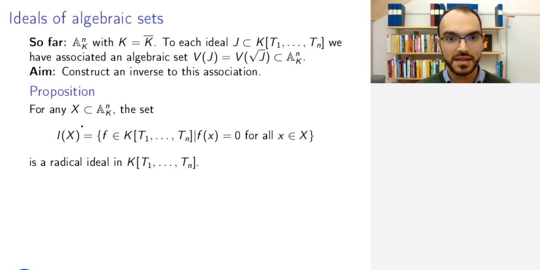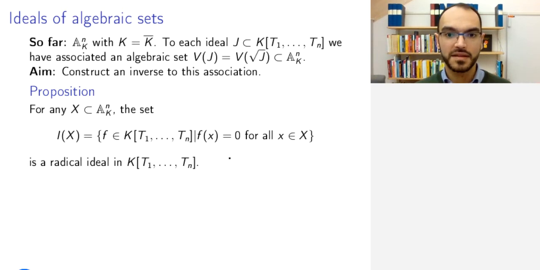So take any subset of affine space and consider the ideal of this set. So this is the set of all polynomials that vanish on all points of the set. The claim is this is an ideal, this you can check, and then it's a radical ideal because if some power of a polynomial vanishes somewhere, then the polynomial itself must vanish there.